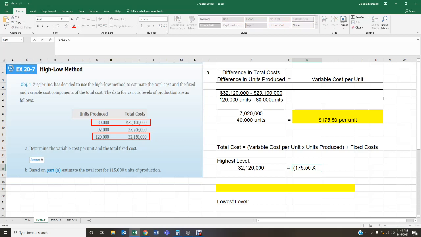And then my units, for my high number, I've got 120,000 units, plus fixed cost, which is what we're trying to solve for. So then that's going to give me 32,120,000.